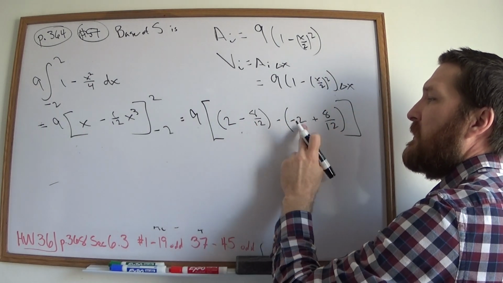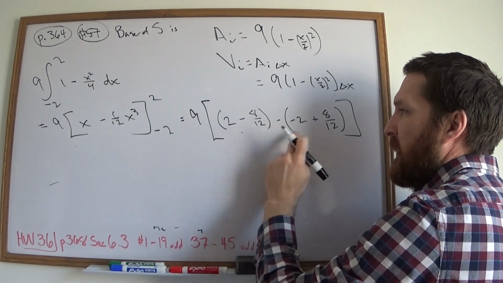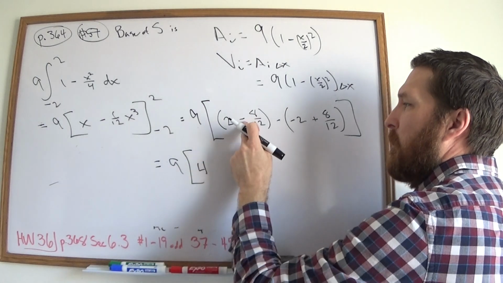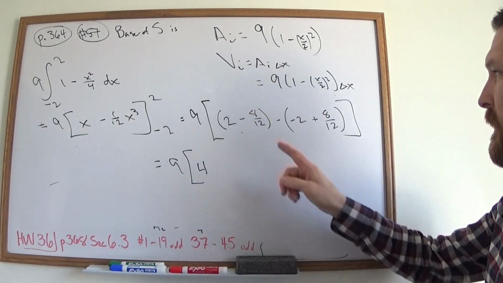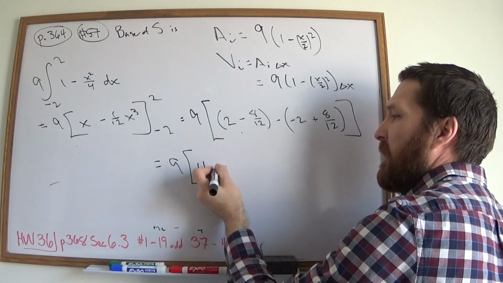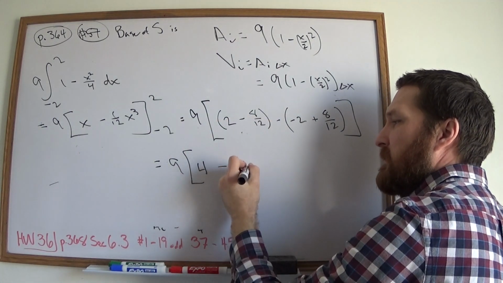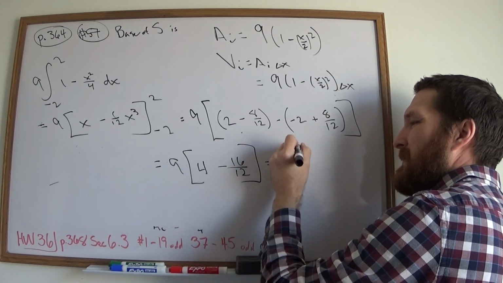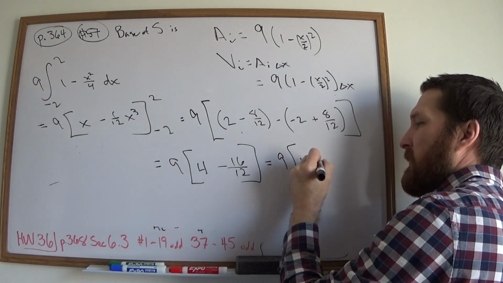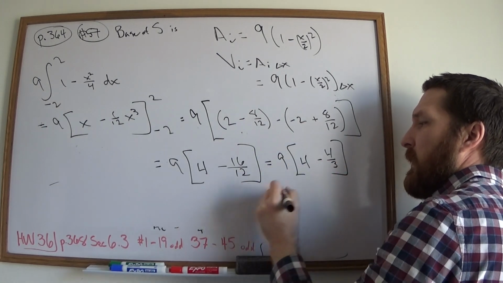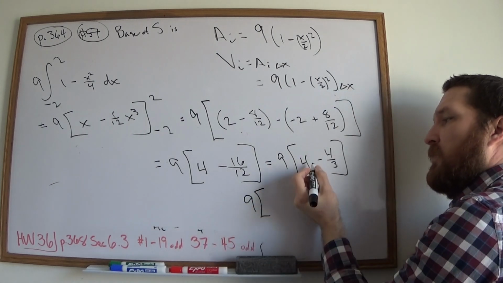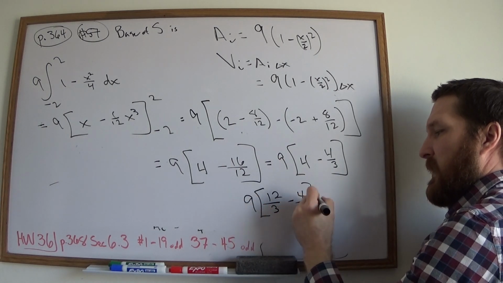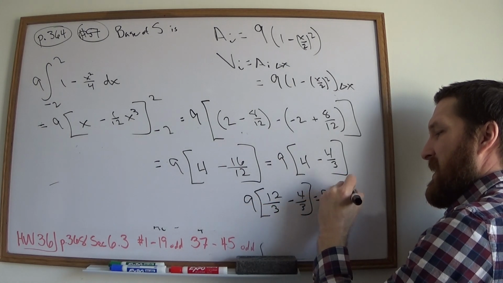A positive minus a negative is positive: 4 minus 16/12 in total, which is 8/6, easier, 4/3. Are you sure about that? 4/3? Yes. Okay, I'll believe you. That's 9 times, so 4 is 12/3, minus 4/3, that's 9 times 8/3.